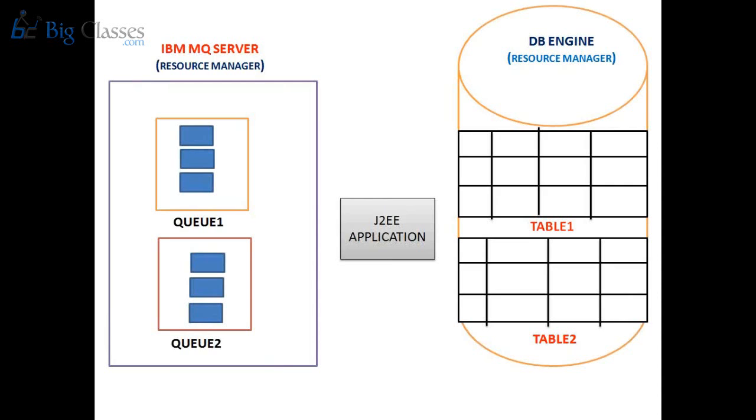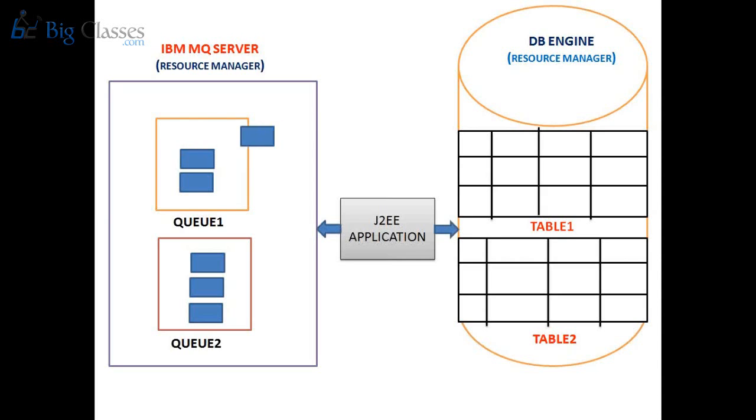In between IBM MQ server and DB engine, an application is hosted. It wants to get data from MQ server and insert the data into the database. What it does now: it opens a connection on IBM MQ server and it opens a connection on DB engine. It starts a transaction with two-phase commit.